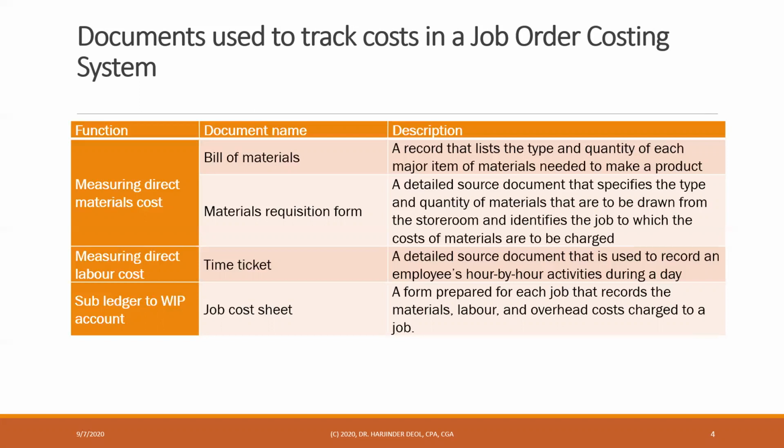Finally, we have a job cost sheet, which is a subledger for the work in process inventory account, and it's essentially a form that is prepared for each job in which we record the materials, the labor, and the overhead costs that are charged to that job.